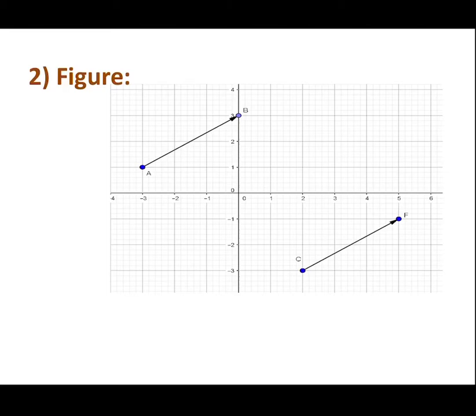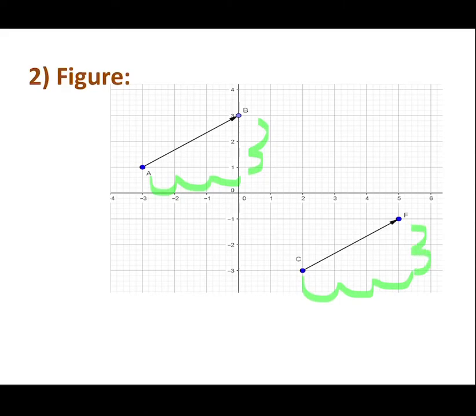The vector AB: 3 units horizontally to the right, 2 units vertically upward. Point C should also move the same as point A: 3 units to the right horizontally and 2 units upward vertically to have the point F.